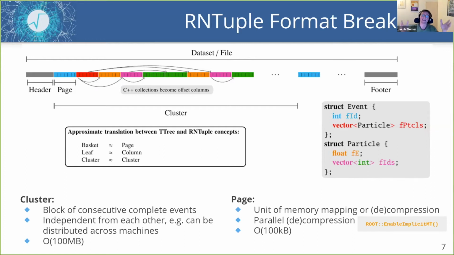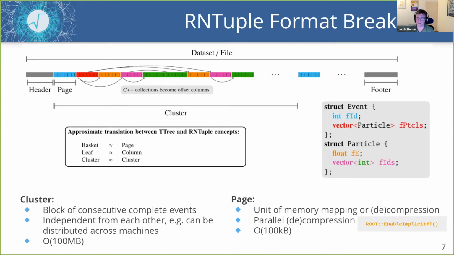And the idea is I can take the cluster and use it to distribute it on several machines, so I can give every machine a particular cluster. And inside the cluster we have the pages. These are the units of memory mapping or compression and decompression, typically 100 kilobytes in size. I mean, the ROOT TBasket is similar, with a standard size of 32 kilobytes.